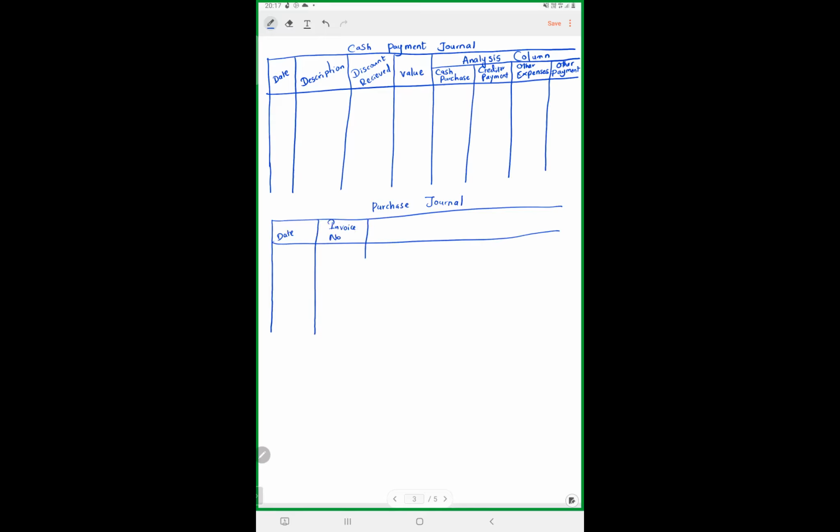Here we don't have VAT, right? So therefore supplier, and next total payment.